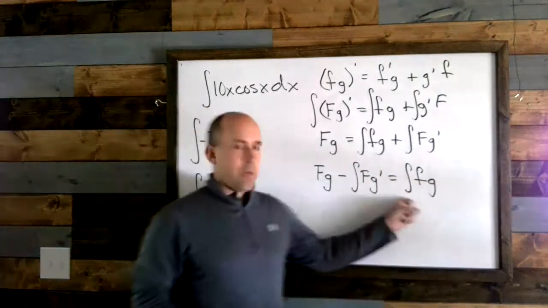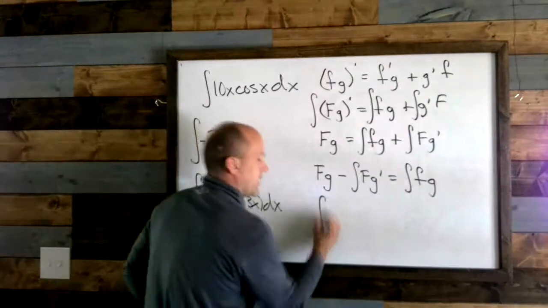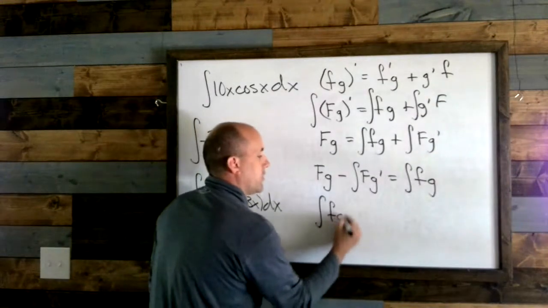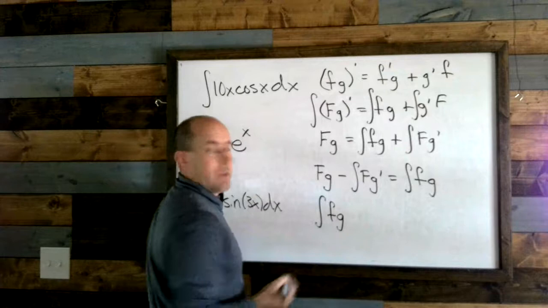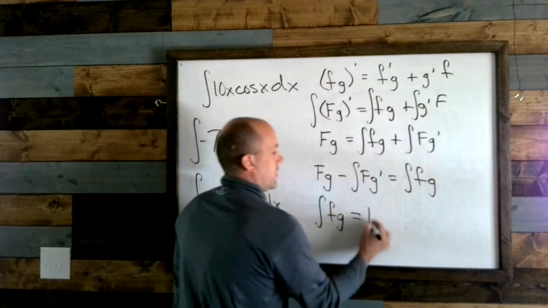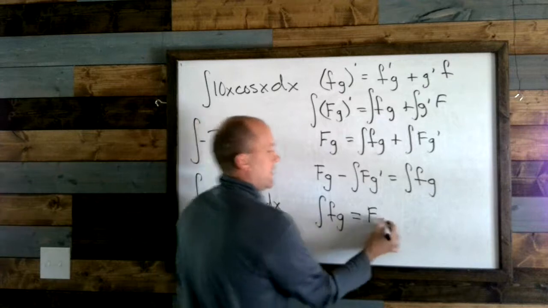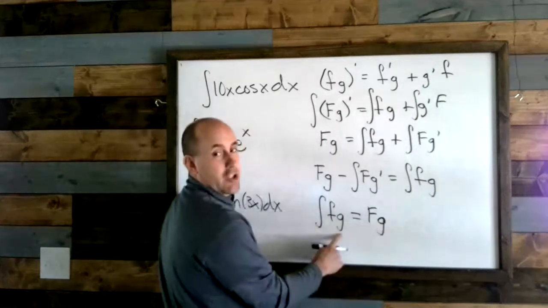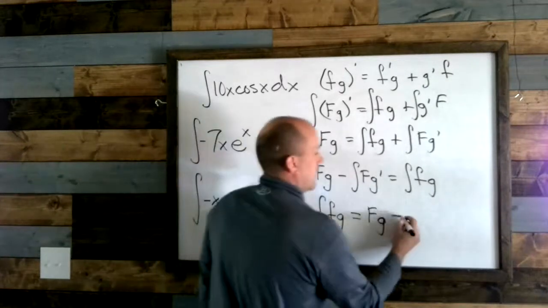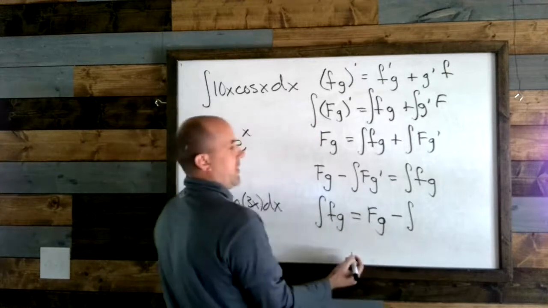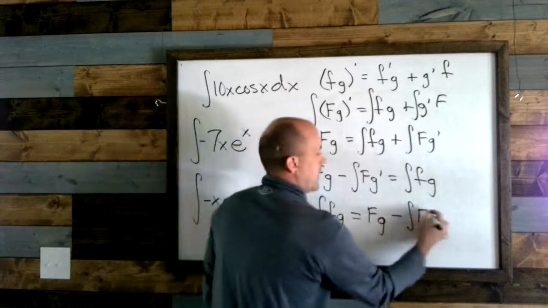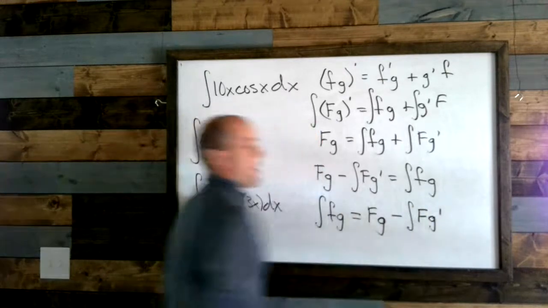Notice how beautiful this is. This says if you want to take the antiderivative of two things that are multiplied together, easy. Just find the antiderivative of that one, times g left alone, minus the antiderivative of big F times g prime.